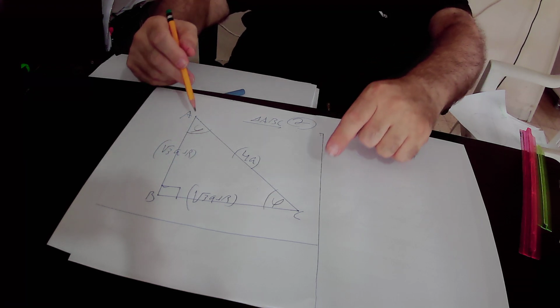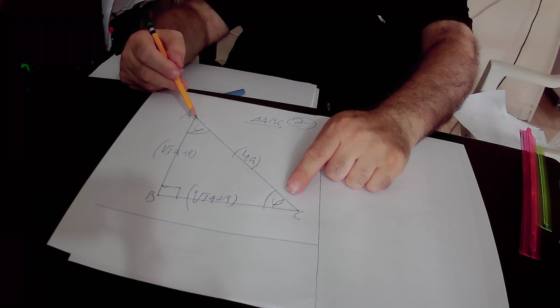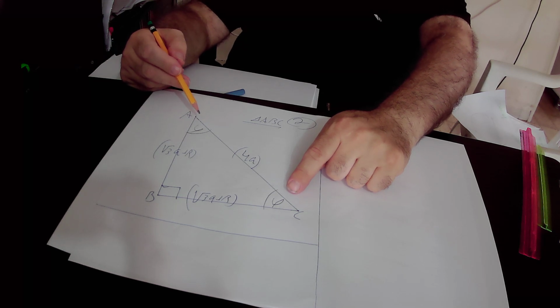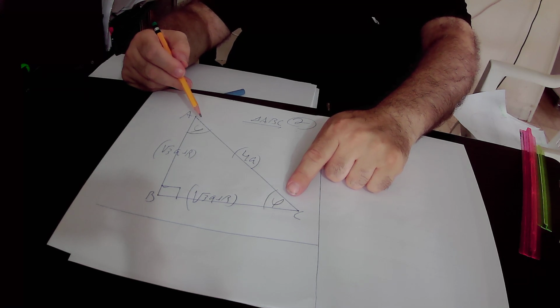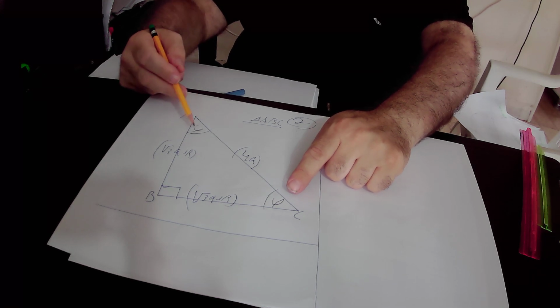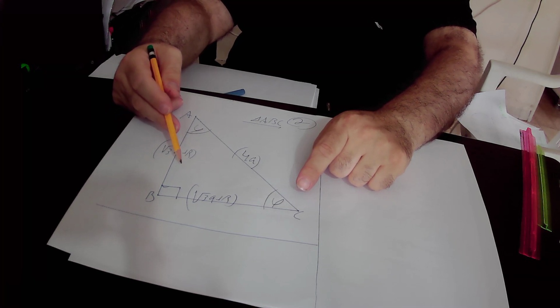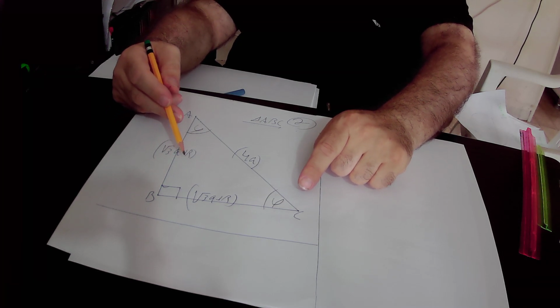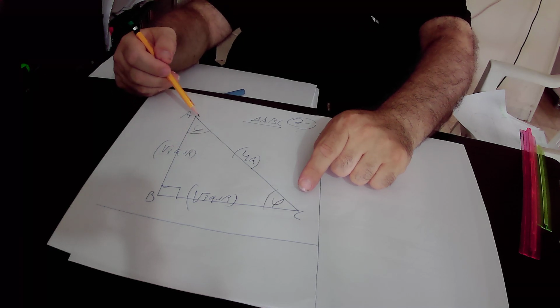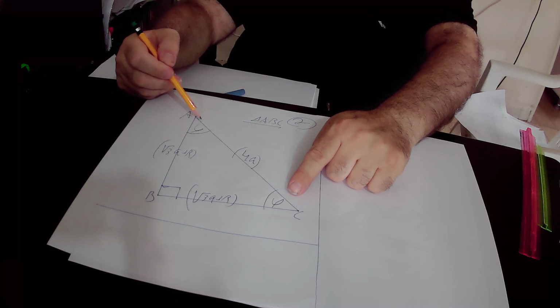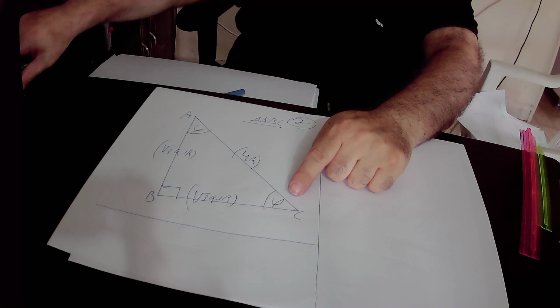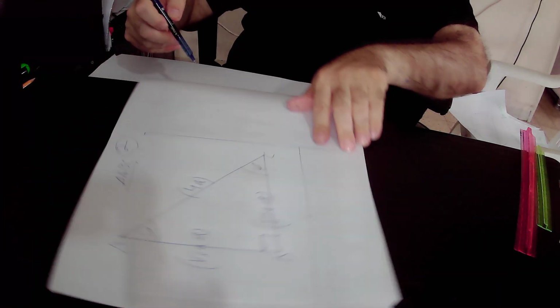Therefore, the other two angles must together equal 90 degrees in order to complete the sum of the angles in the right triangle ABC, 180 degrees. 90 degrees plus 90 degrees is 180 degrees, that is the sum of the angles in any triangle. So alpha plus alpha equals 90 degrees.